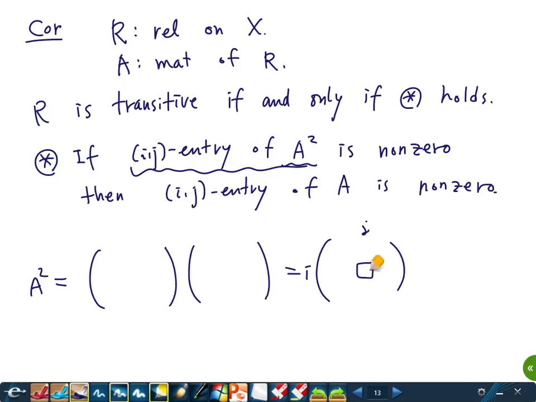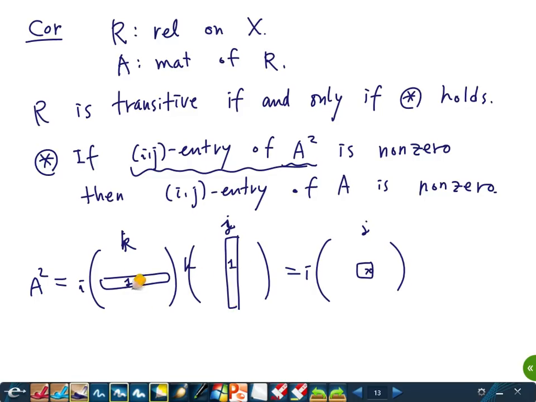If this is non-zero, like something greater than 0, that means we have at least some non-zero entry here, and here, say some k and i, j, right? We have 1 and 1 at the same position, right?